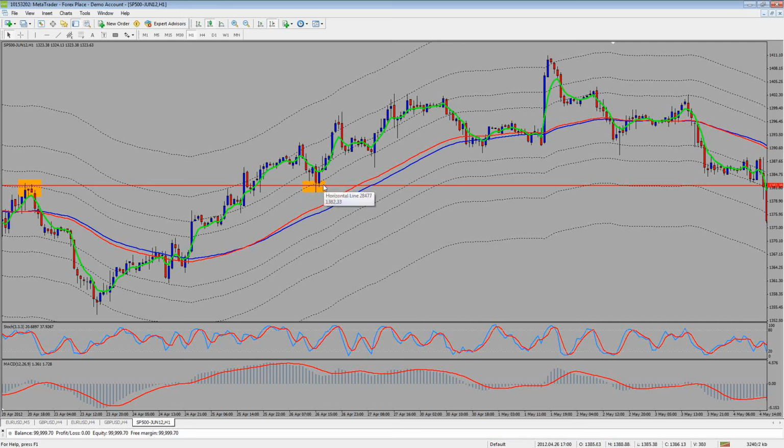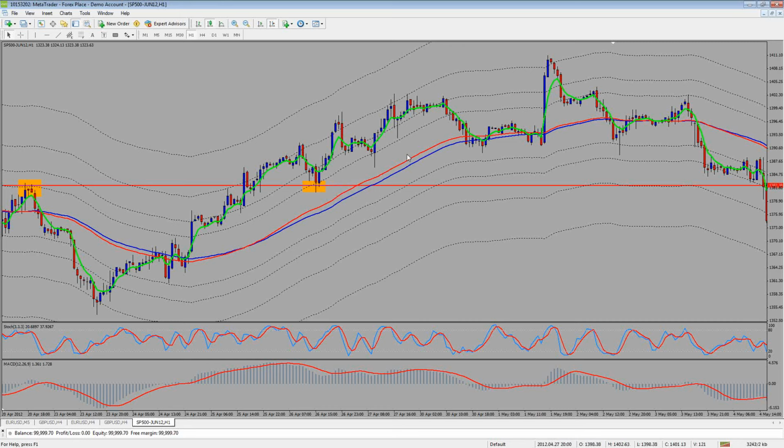These are two nice indications for looking for a long entry, especially when you know already that this is an uptrend. So the risk here is lower because you're entering with the trend, although it may look as if you're entering against the trend, counter trend, but it's actually with the trend.